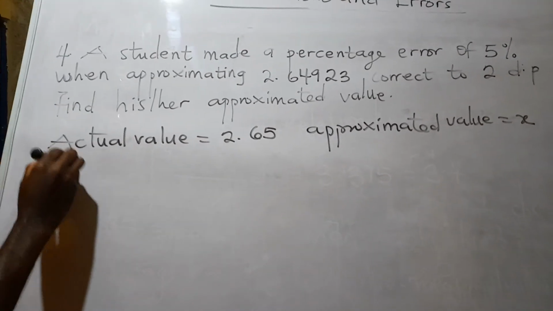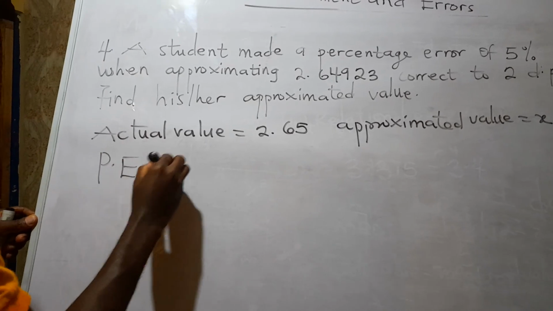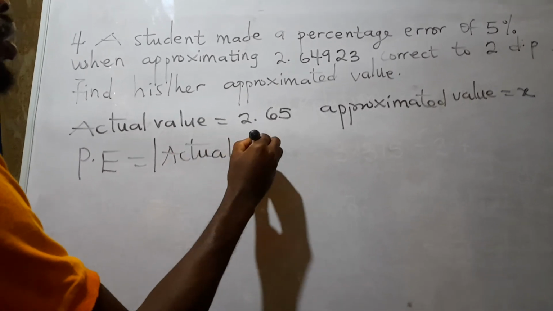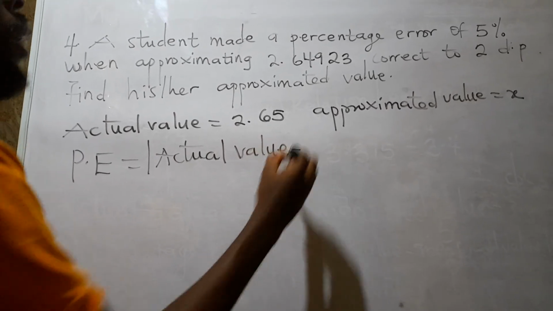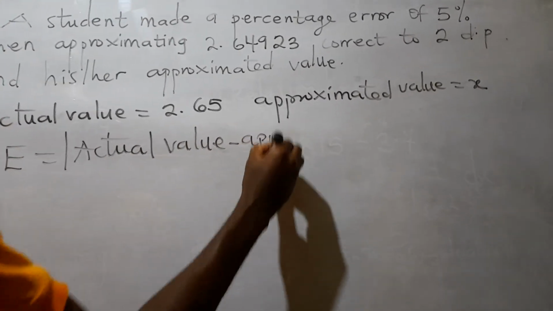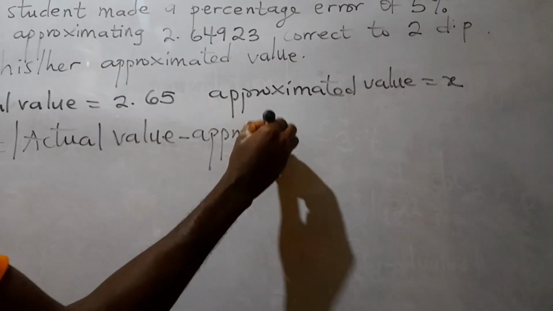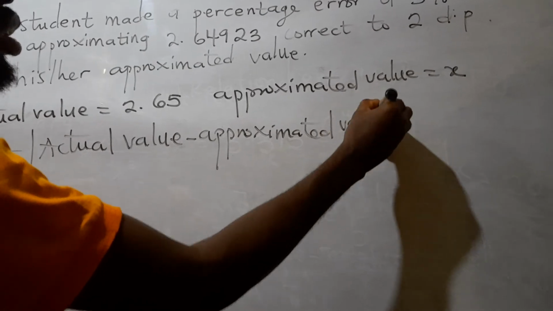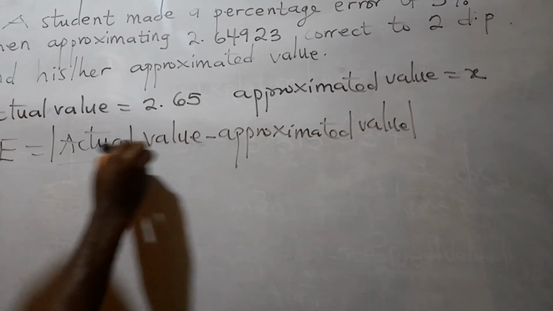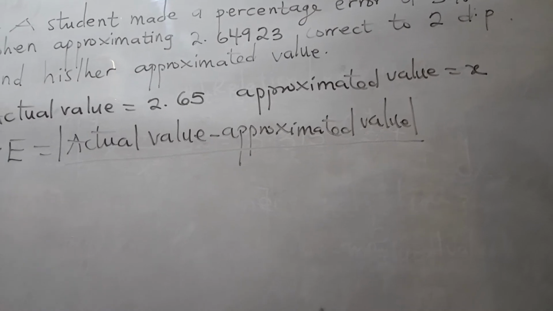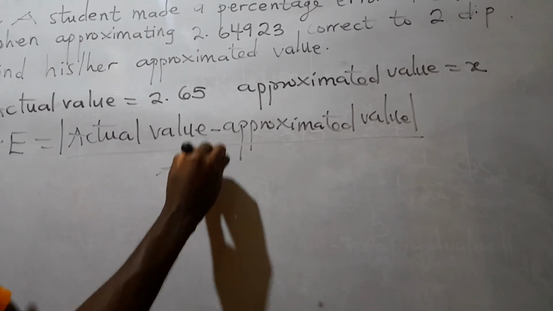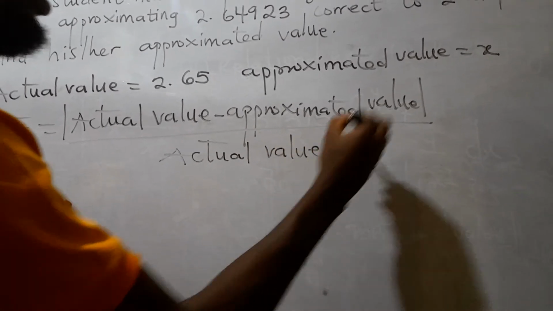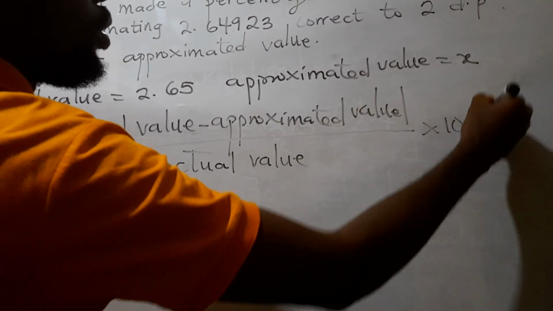Remember, the percentage error is equal to the absolute value of actual value minus approximated value, all over the actual value, times 100%.